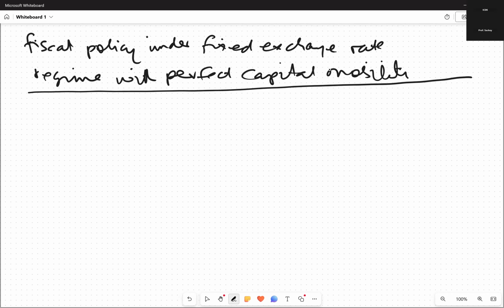Balance of payment surplus. When there's a balance of payment surplus, it means that there is excess foreign exchange with the general public, or in the system. So to maintain stability, the central bank will have to buy off the excess foreign exchange.